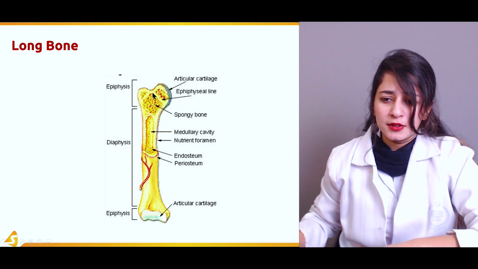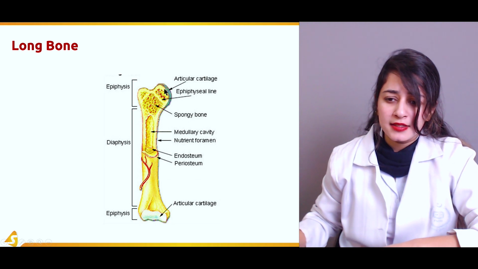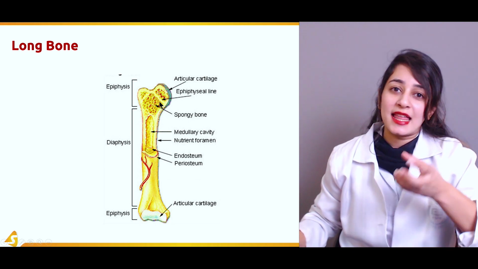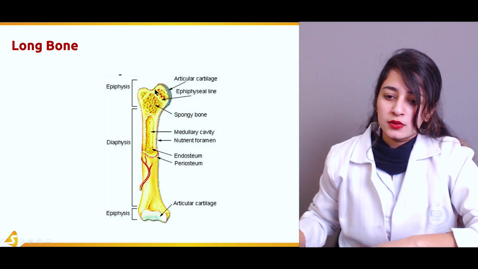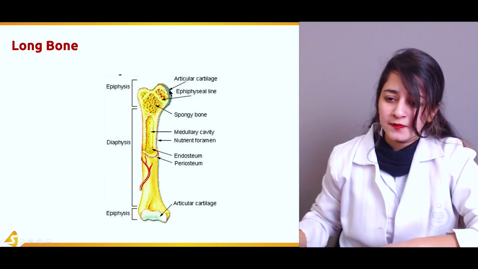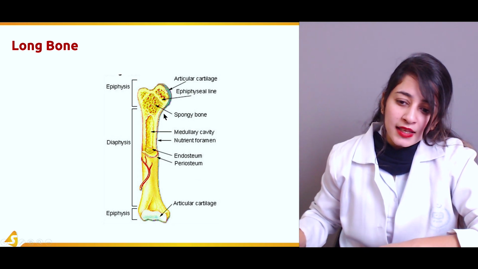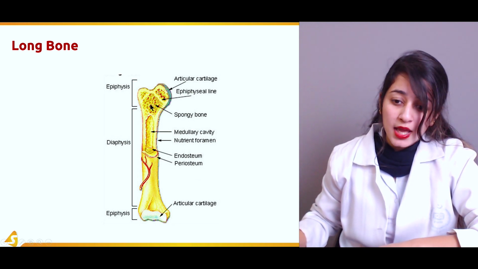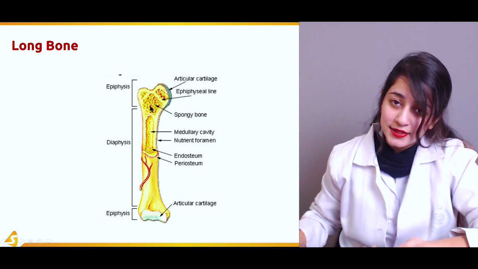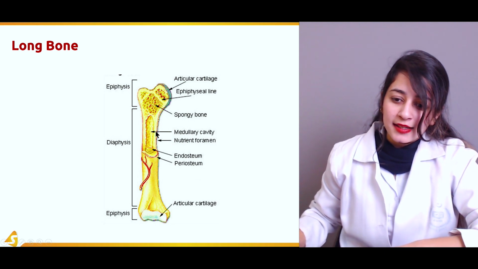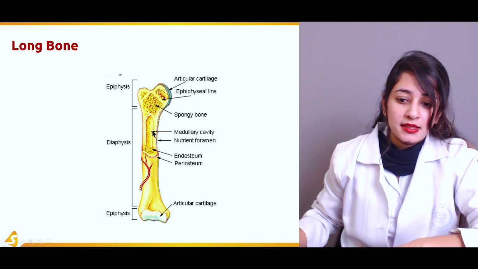Few other labelings: this is the articular cartilage, which is present at the end of bones. It helps in making the joint. This is the epiphyseal line we have. Inside we have spongy bone. We have two types of bones, I'll tell you later. Then inside we have the medullary cavity.